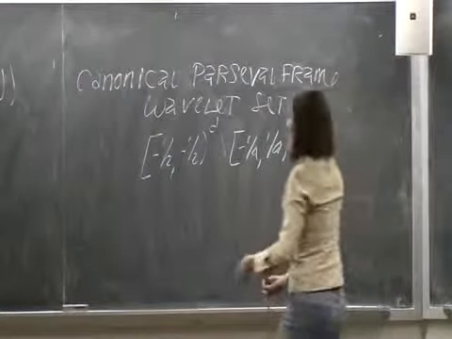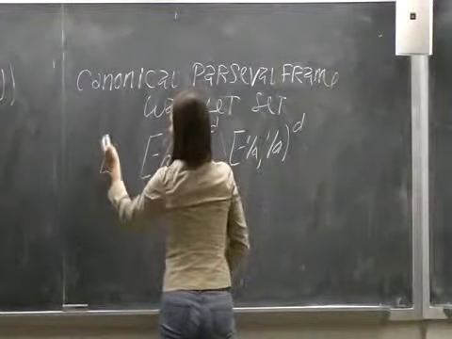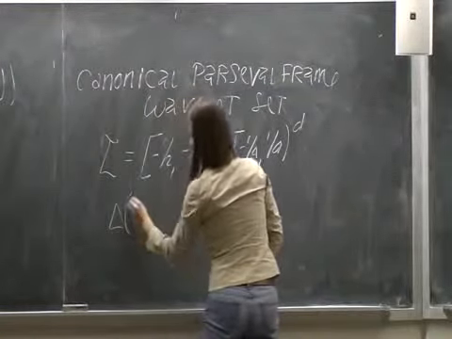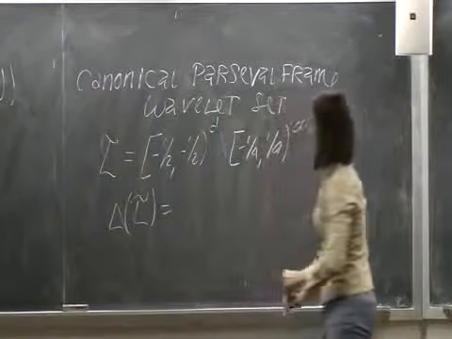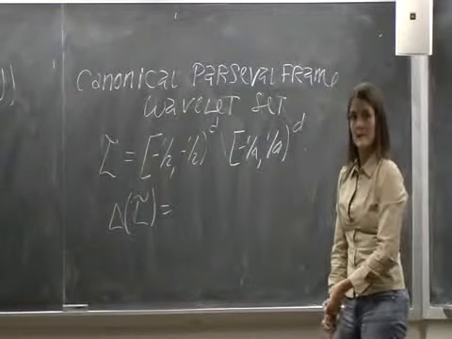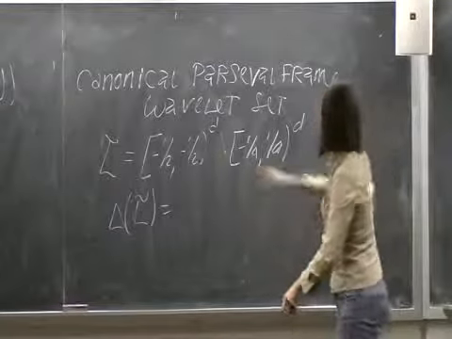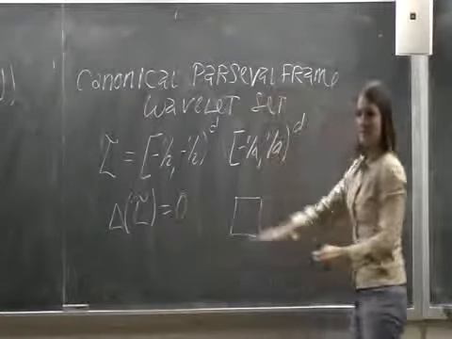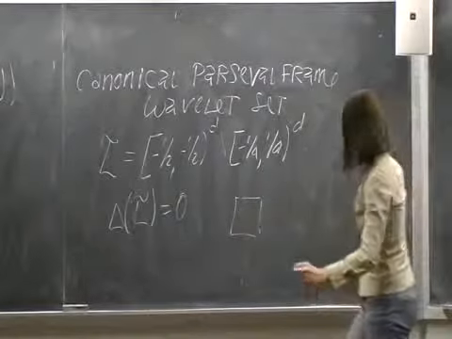Okay, so let's call this set L. I'll fill it up. Then what is the delta of L going to be? What happens when you shift this, say, 0? It's going to be 0 because when you shift it, it touches itself.